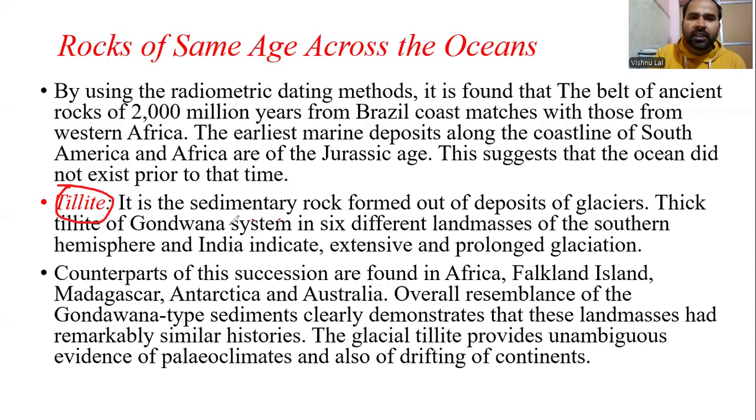In present time, it is found in 6 different land masses. So thick deposits of sediment called tillite are found in 6 different land masses of the southern hemisphere.